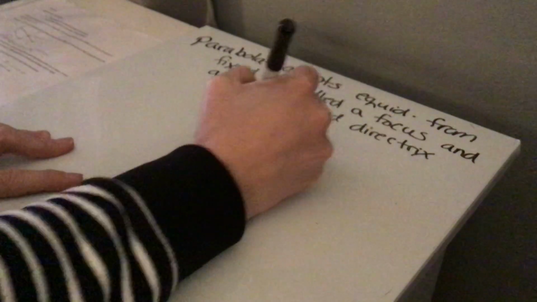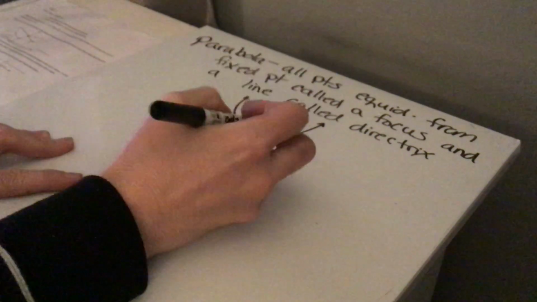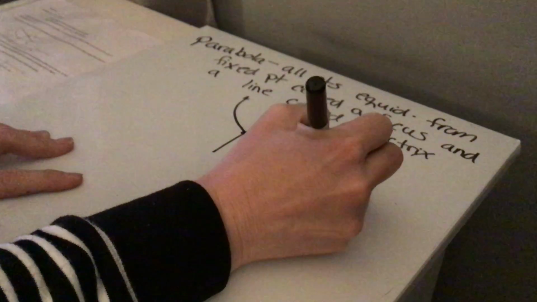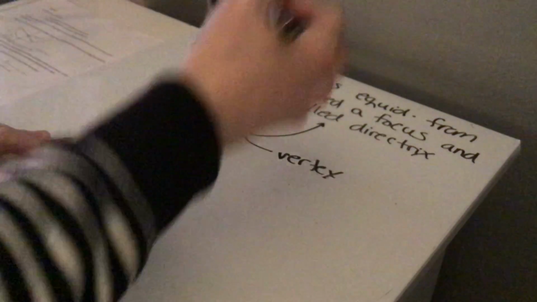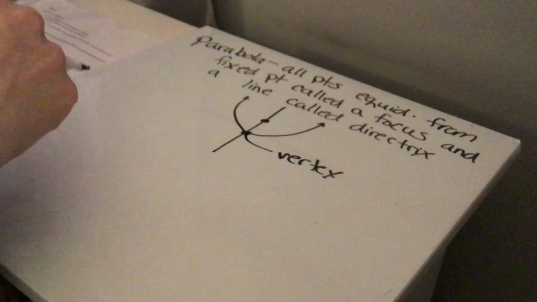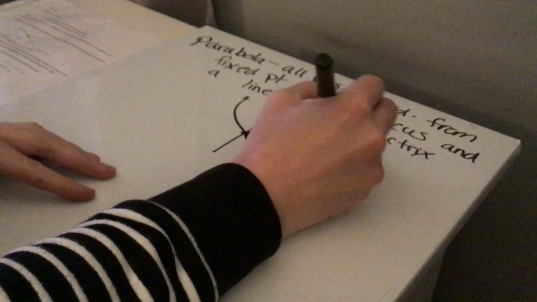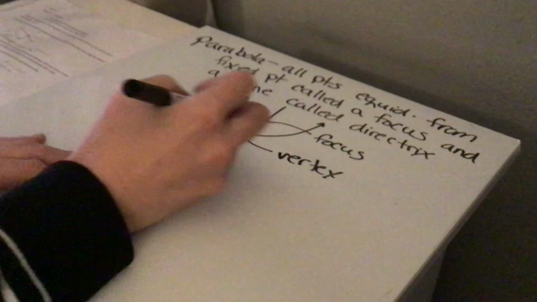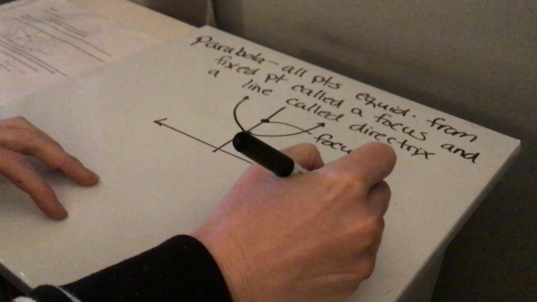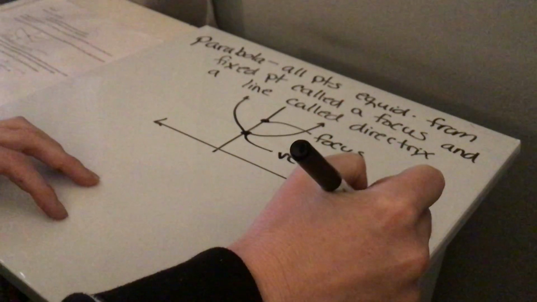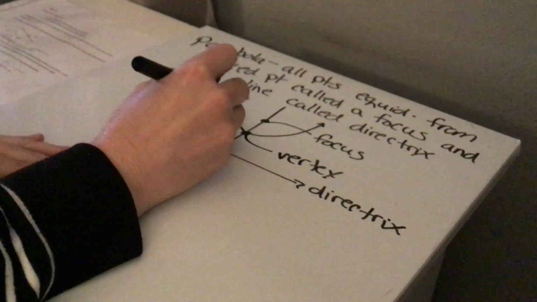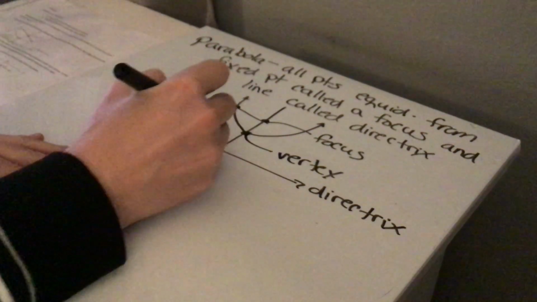Here is our parabola, okay? This is the vertex. This applies no matter which way it opens. There's a fixed point inside the parabola, called the focus, and the line is outside the parabola called the directrix. Every point, so if I have a point here, it's going to be equidistant to the focus as it is to the directrix.